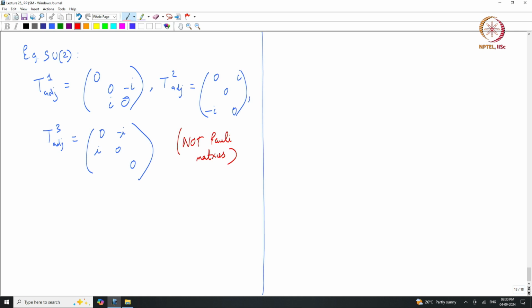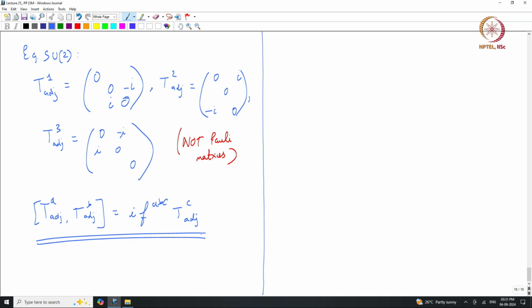Excellent. And of course, one other thing worth writing down is that even these generators have commutation relations. It's very easy to see what this is. It's just the structure functions again, the structure functions that we saw earlier. Why is that? Because these are still representations of the algebra. Remember the difference between algebra and group?